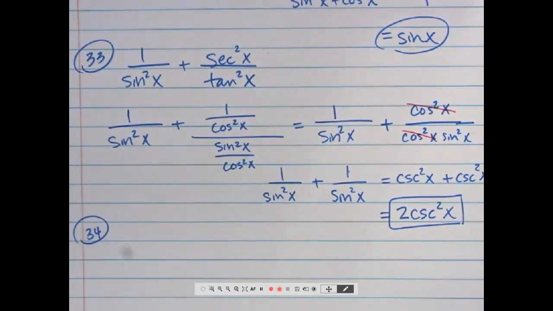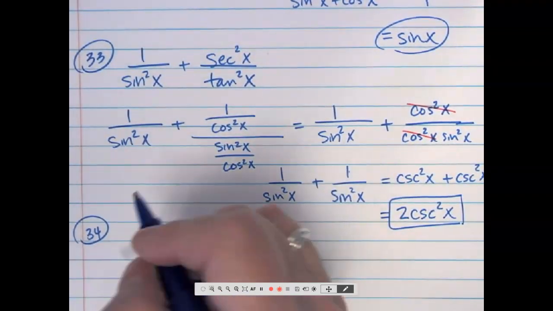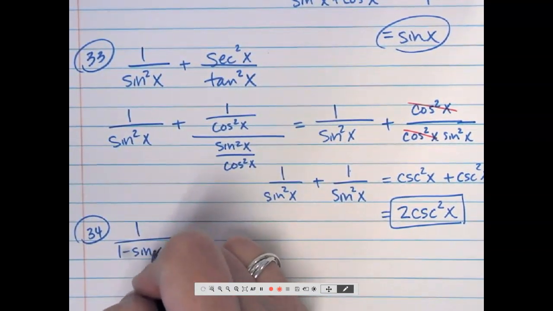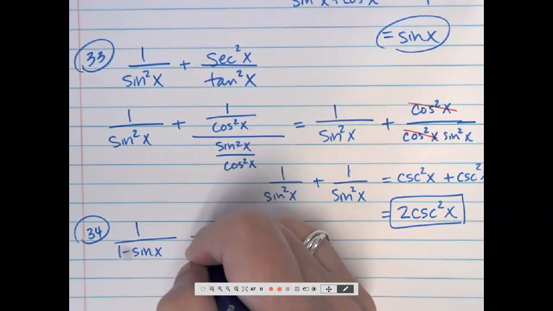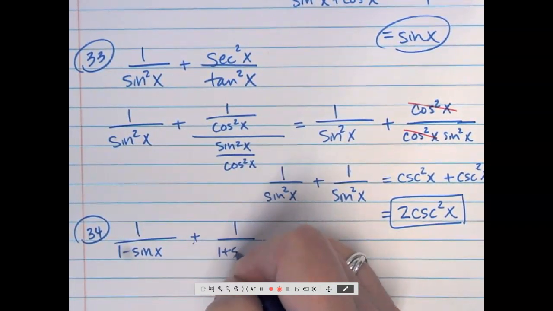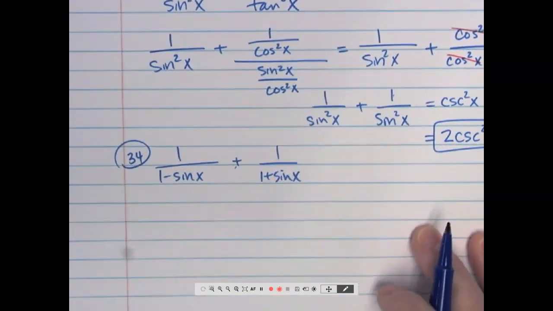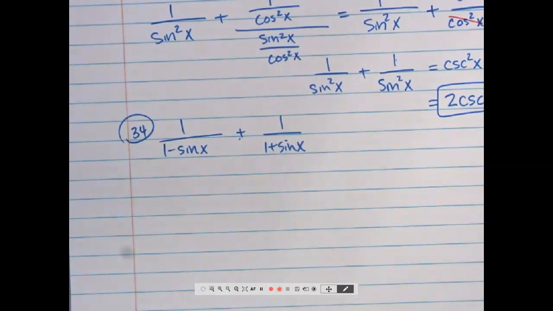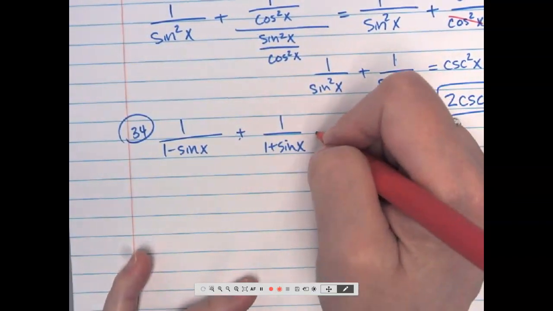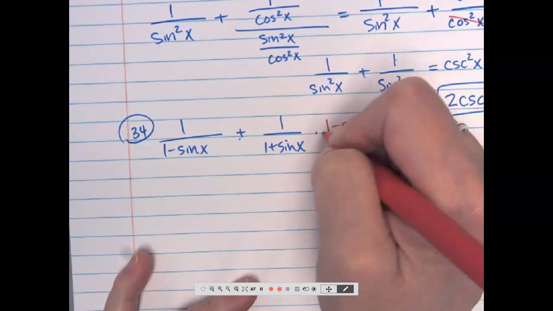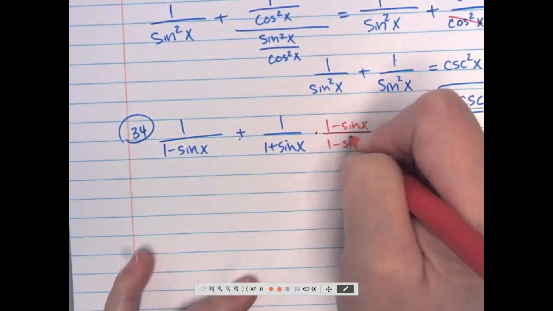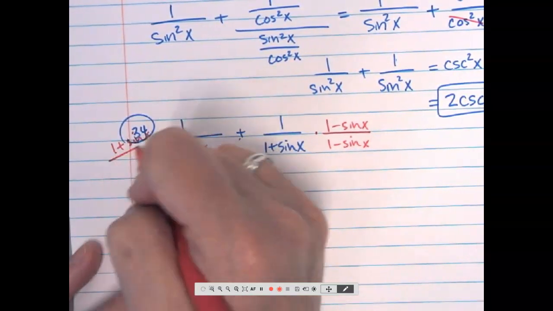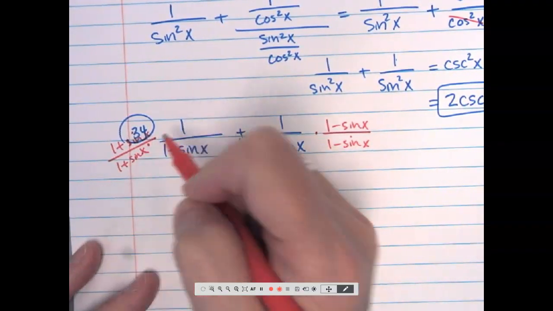All right, 34. 1 over 1 minus sine plus 1 over 1 plus sine. Okay, so close, yet so far away. Those denominators are not the same. We're going to have to make them the same. So each one will get multiplied by the other. And this one, 1 plus sine x, 1 plus sine x.